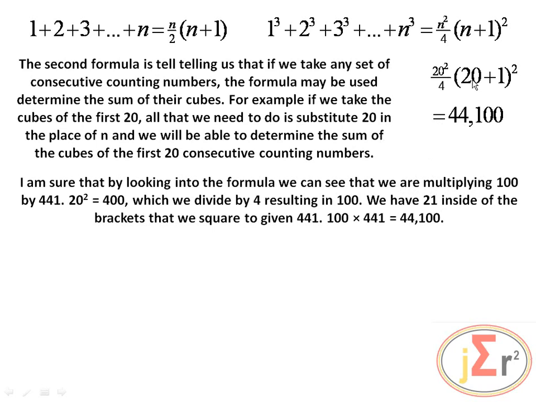20 plus 1 is 21, and we know, since we have been working with this problem, the square of 21 is 441. And we know that the square of 20 is 400. 400 divided by 4 is 100. 100 multiplied by 441 is 44,100.